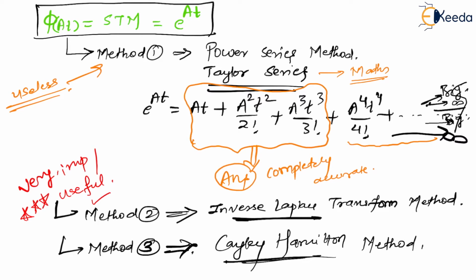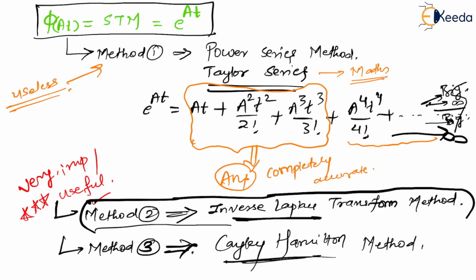For this particular session, my focus will be only on method 2. We will have a derivation as well, and we will enjoy the video. About method 3, we will talk in the next video for sure. But for now, I am going to focus on the inverse Laplace transform method.